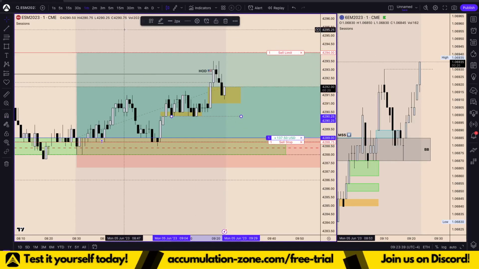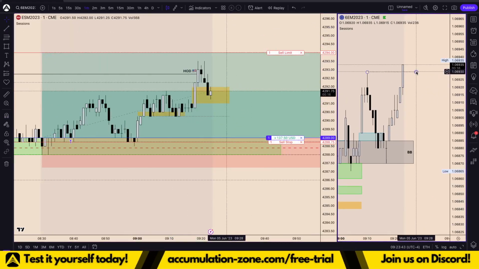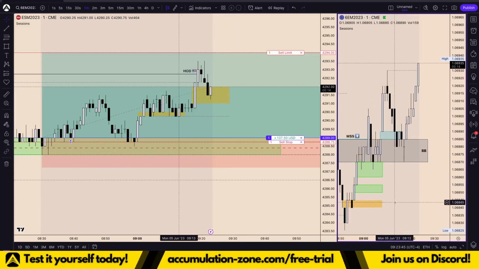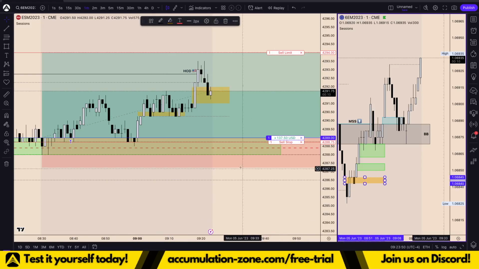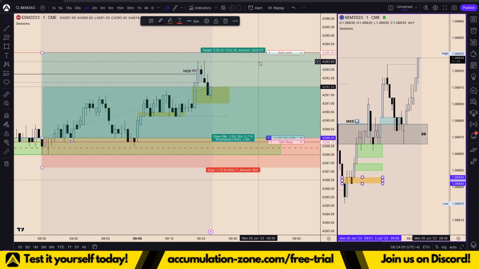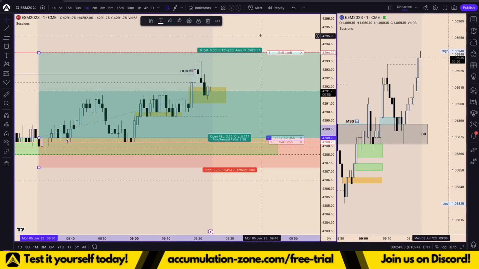These equal lows. Alright, so we formed a new higher high on Euro US dollar. We also have equal highs here on the 1 minute.